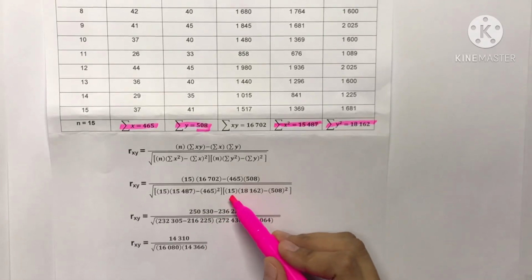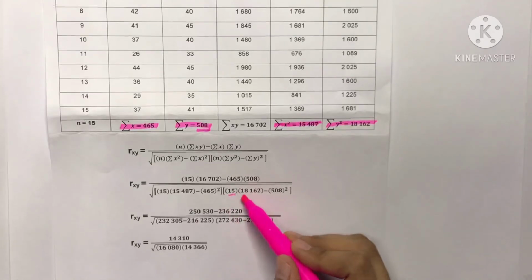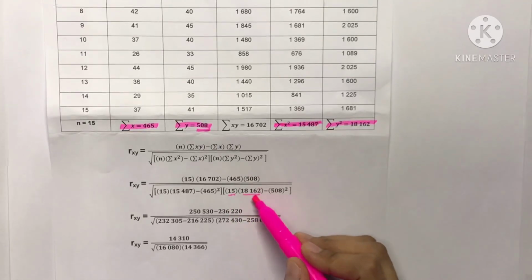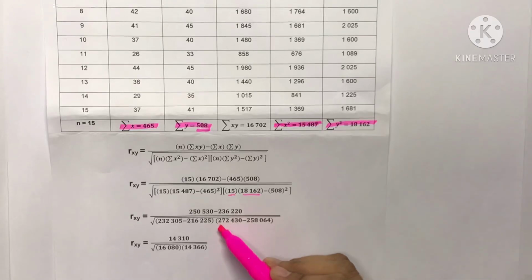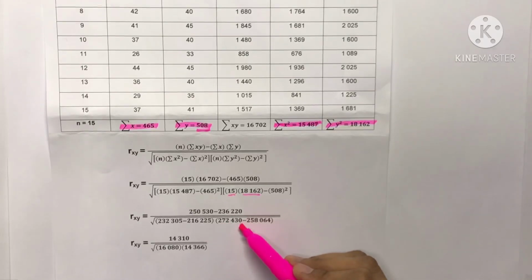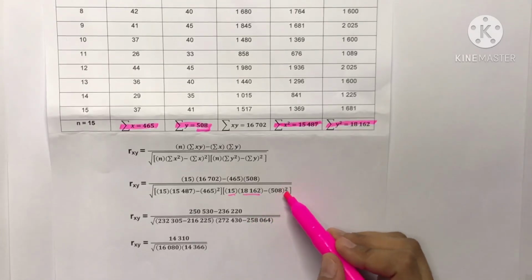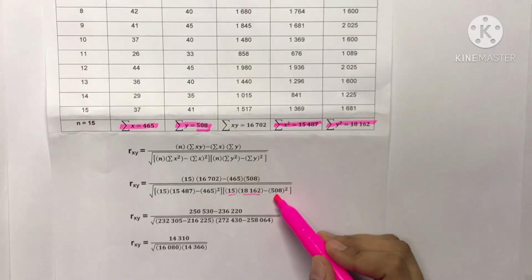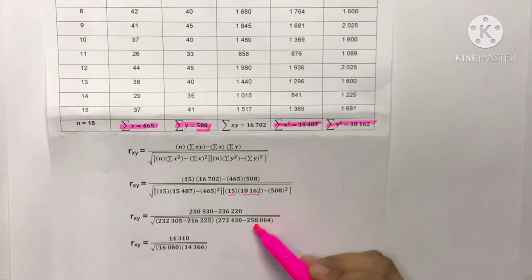Times, we will multiply 15 and 18,162. So the result is 272,430. Minus 508 squared, which means 508 times 508, equal to 258,064.